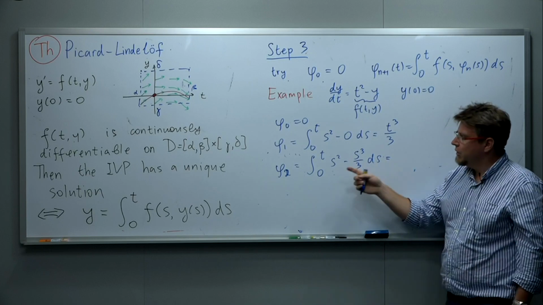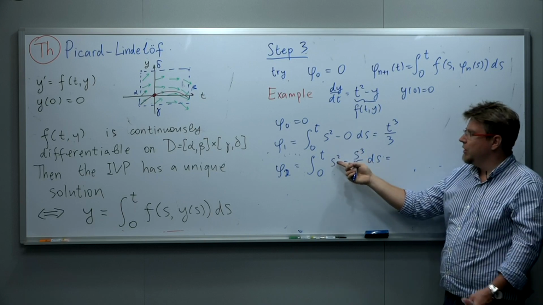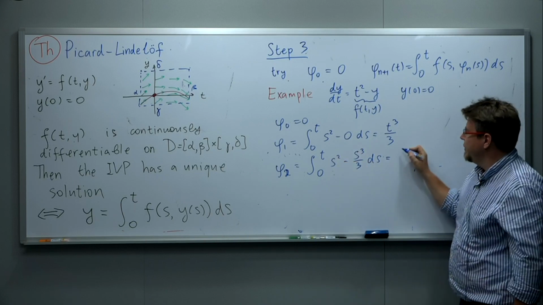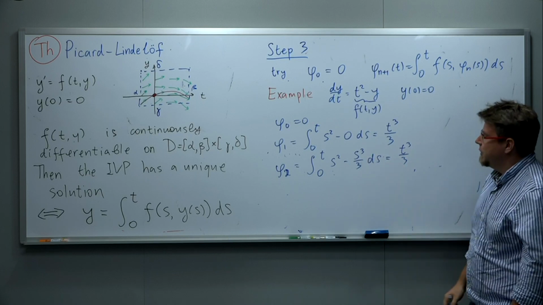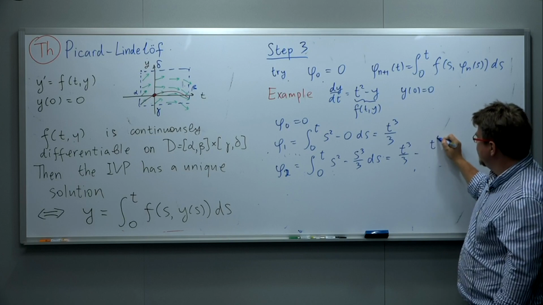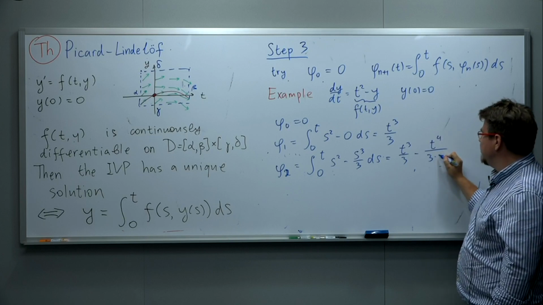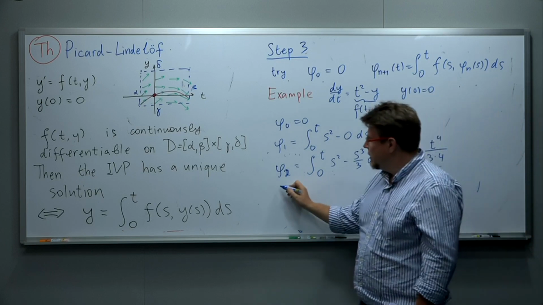Note that this s squared is still present, and it's going to give us t cubed over 3. And here I have this s cubed over 3, so it's going to be minus t to the 4 over, I will write 3 times 4, you will see why in a minute.